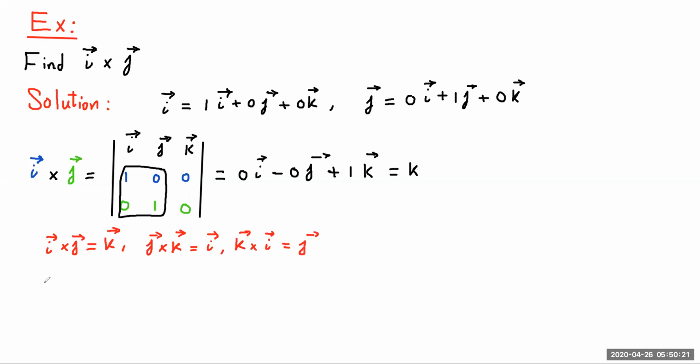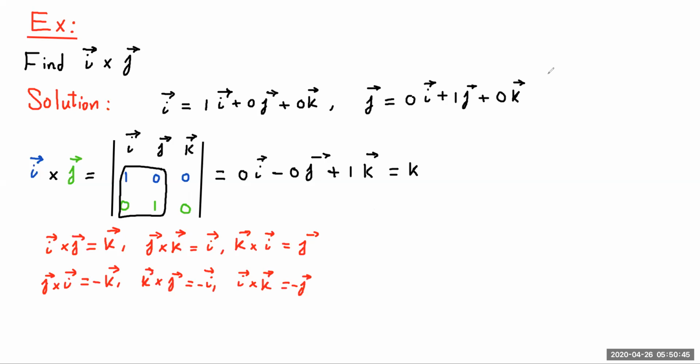If we take the inverse, j times i, it will be minus k. We can verify by repeating the same solution as here. k times j is minus i, and i times k is minus j.